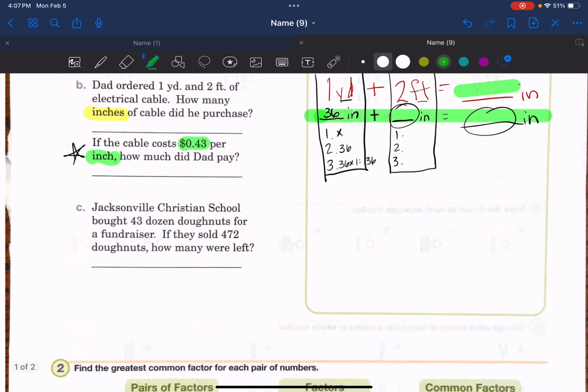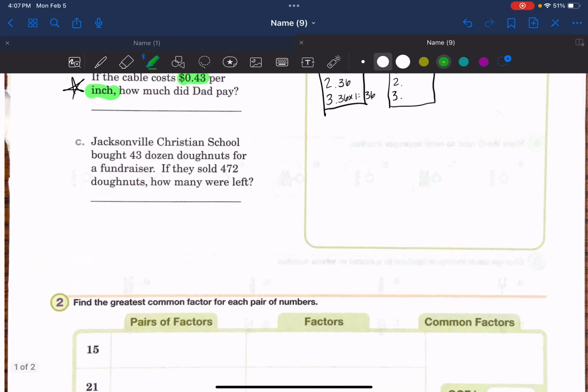Okay, and finally C, Jacksonville Christian School bought 43 dozen donuts for a fundraiser. If they sold 472 donuts, how many were left? So this is a two-step story problem. They bought 43 dozen. So how many donuts is that? Gotta figure out how many donuts that is.